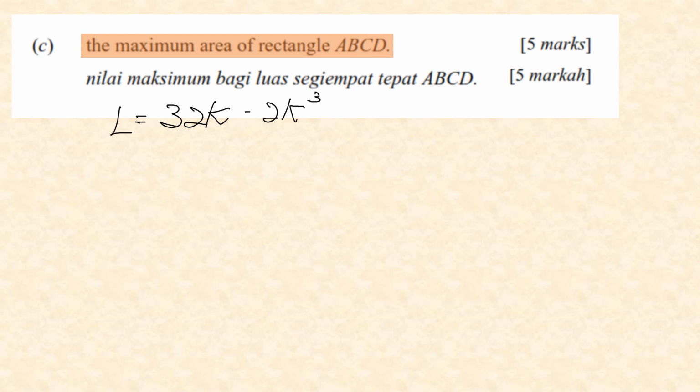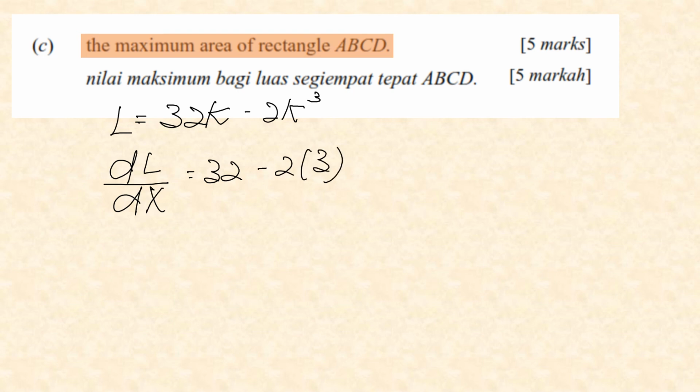Okay, what happened at the turning point? How do you get the turning point? Remember, first of all, you need to differentiate. Differentiate L against K. You will get 32 minus 2 times 3 times K to the power of 2, so you will get 32 minus 6K squared.